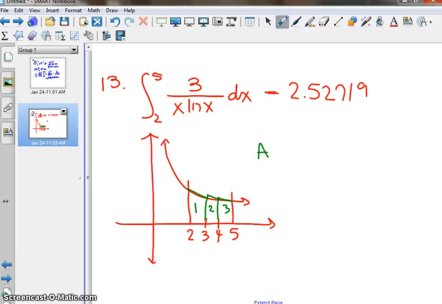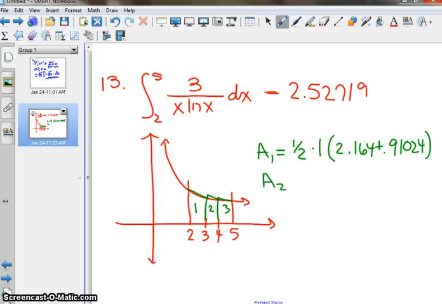So the area of the 3 trapezoids, 1/2 the height, which is 1 in all of them. 2.164 is the first base, plus 0.91024 is the second base. Of course, I get those values, the bases, from plugging in 2 and then plugging in 3. Then I'll plug in 4 and I'll plug in 5. So this is my f of 2 value, this is my f of 3 value.